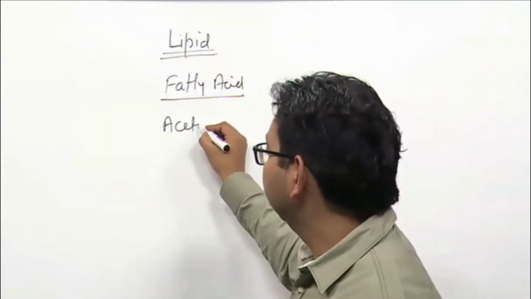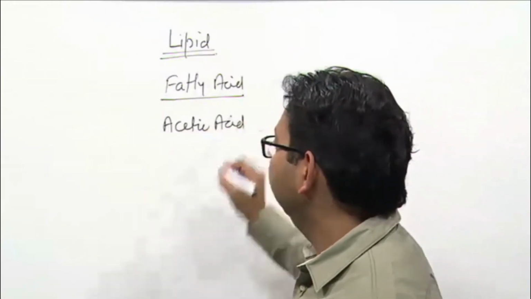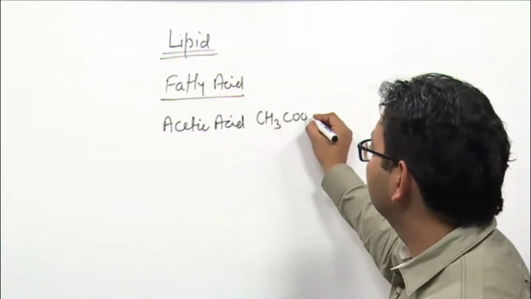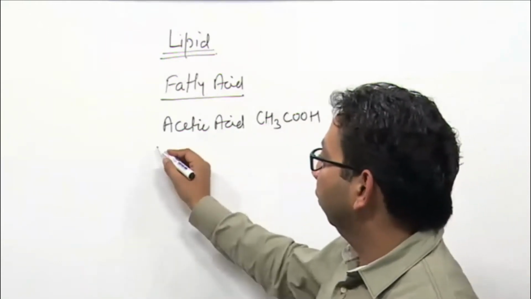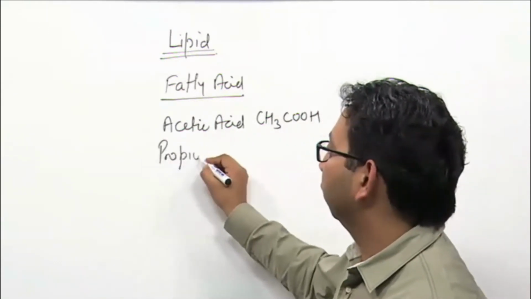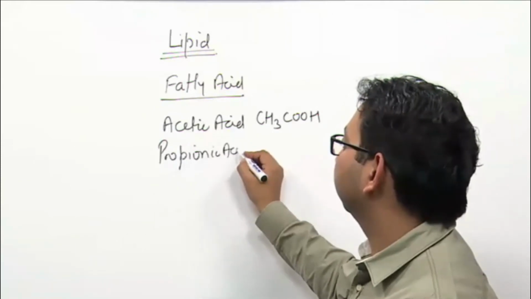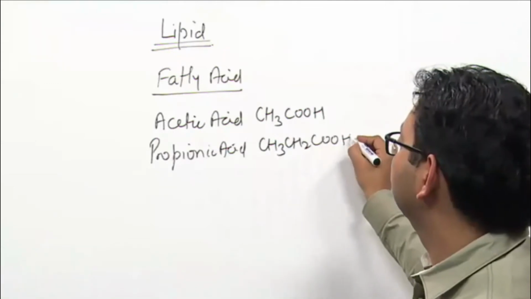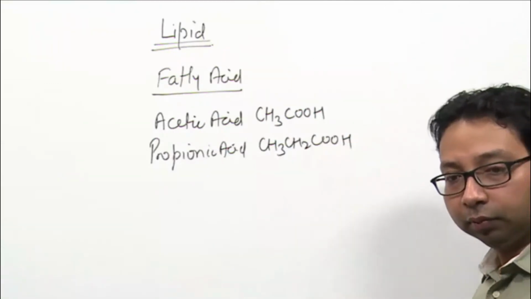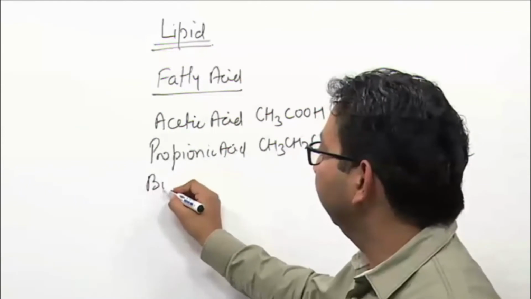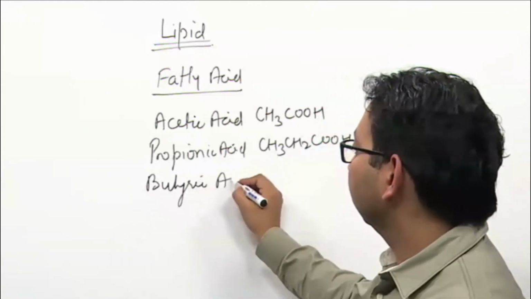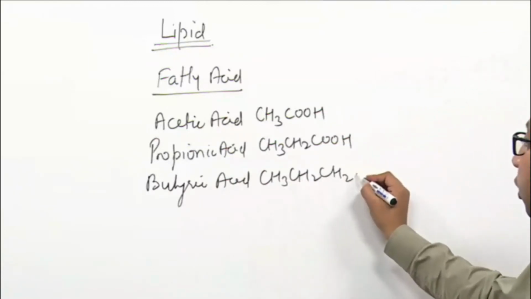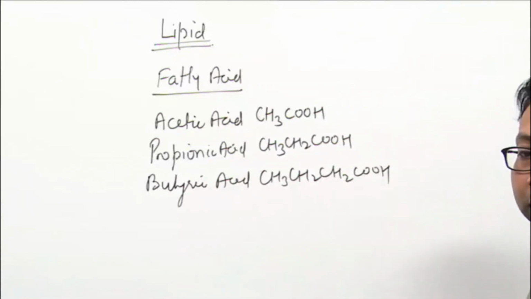Suppose acetic acid, CH3COOH, propionic acid, CH3CH2COOH, butyric acid, CH3CH2CH2COOH.